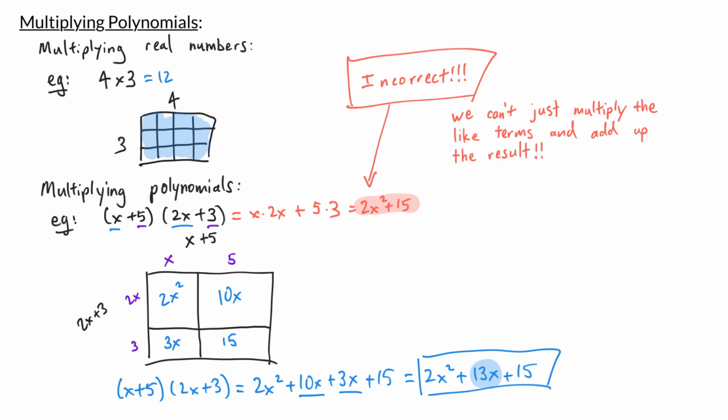So next we'll talk about how to get the correct answer without resorting to drawing a rectangle each time we want to multiply polynomials. To multiply polynomials, it's important to remember the distributive property for real numbers. The distributive property tells us that if I have three numbers labeled a, b, and c, then a times b plus c is equal to a times b plus a times c.